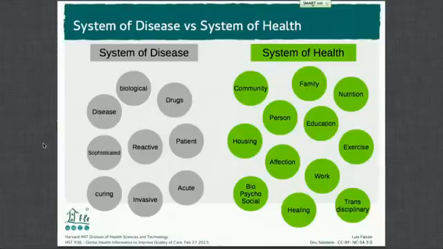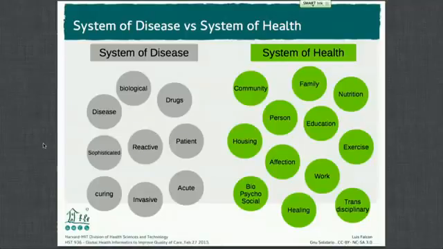So we had to change from the system of disease to a new paradigm, which is the system of health. When we look at the circles, we see that the system of disease that we are pretty much living on in the Western world has fewer circles, because it's reductionist by nature. We deal with patients. We deal with diseases.